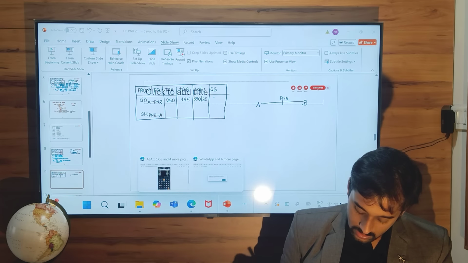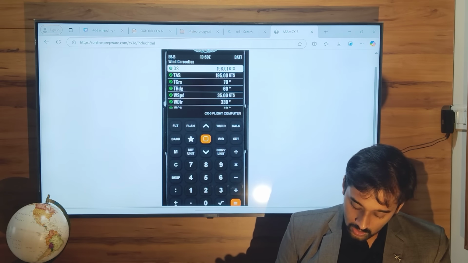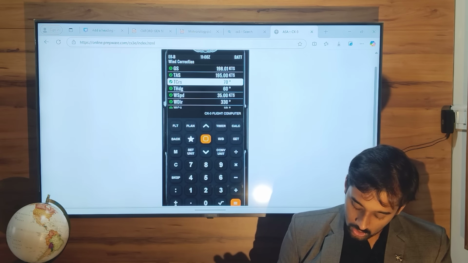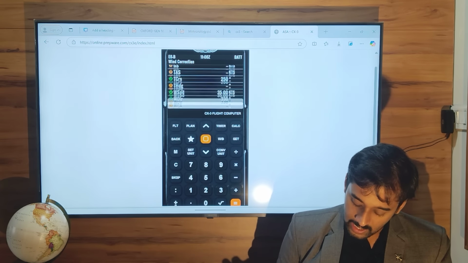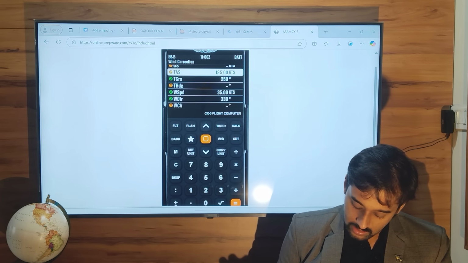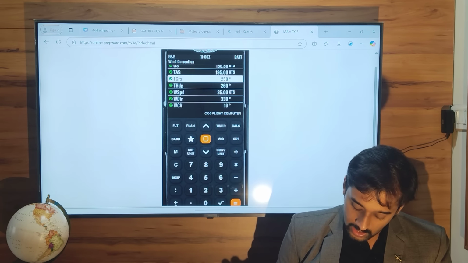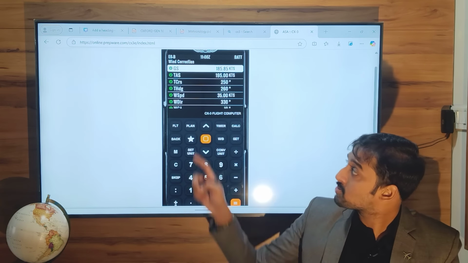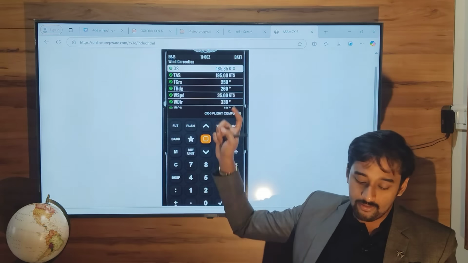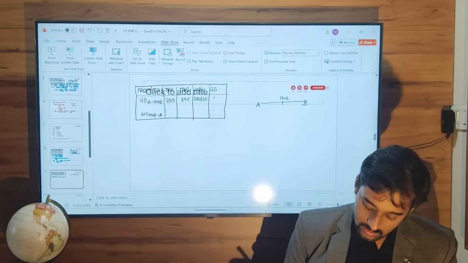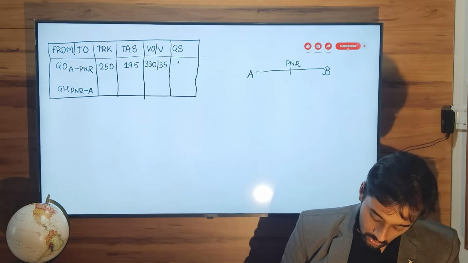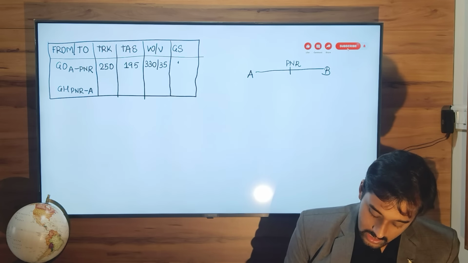TAS is 195. True course is 250. Wind speed 35. Wind direction 330. So ground speed is 185.85. You can take it to be 186.